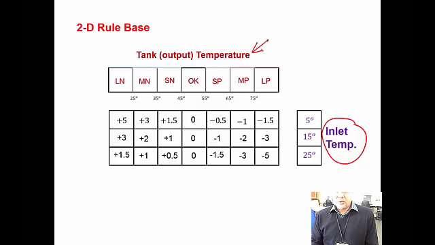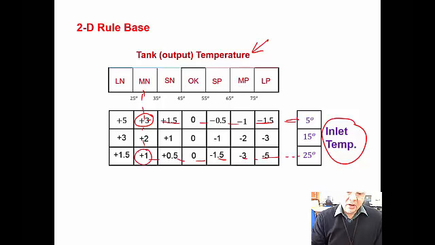So to illustrate how this two-dimensional table works, if the inlet temperature today is 5 degrees and the measured temperature of the tank is 30, so that's 30 and 5, the action will be to open the valve 3 increments or 3 turns. If the temperature into the tank is 25 and the measured temperature is still 30, the action will be +1.